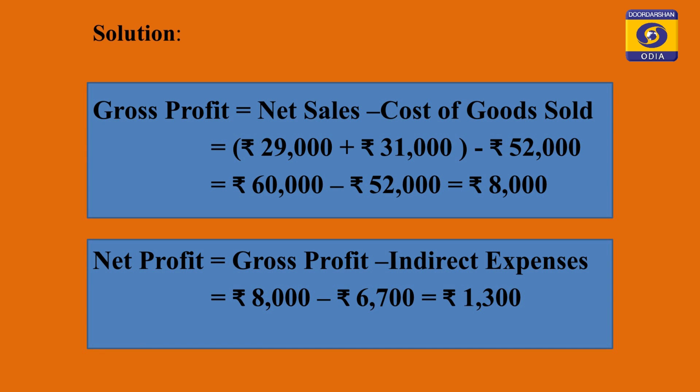We have gross profit is equal to net sales minus cost of goods sold. So that will give us 29,000 plus 31,000, that is, we will get the net sales, minus cost of goods sold is 52,000. So 60,000 minus 52,000, the gross profit is rupees 8,000, and the net profit is gross profit minus indirect expenses.